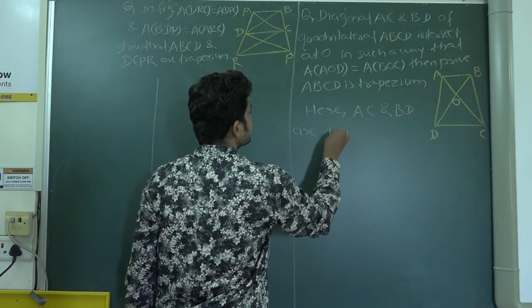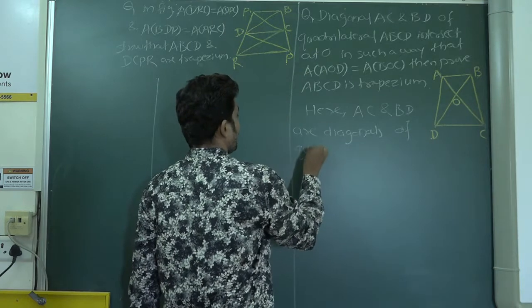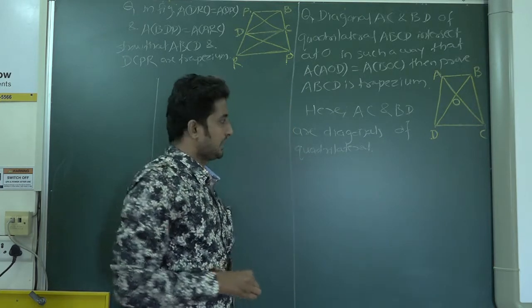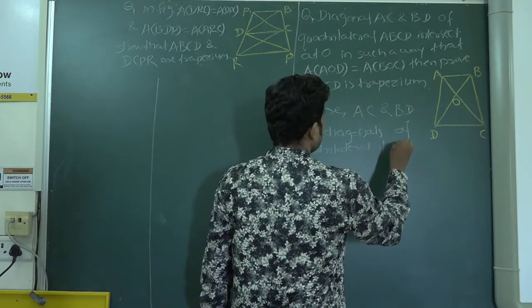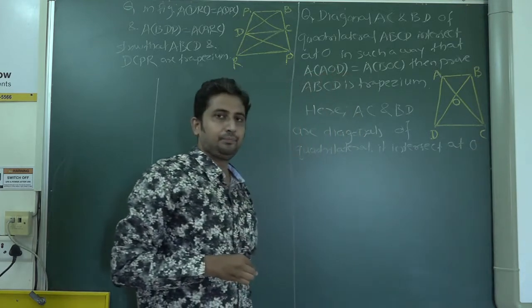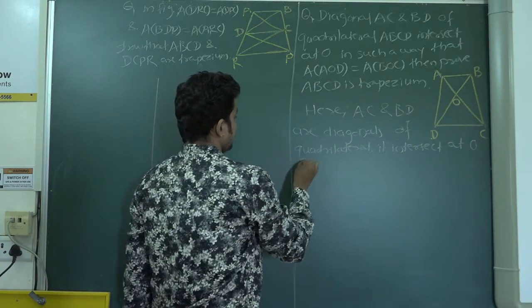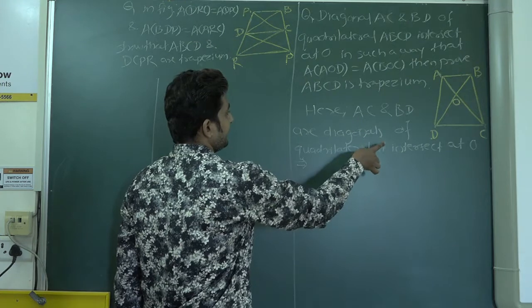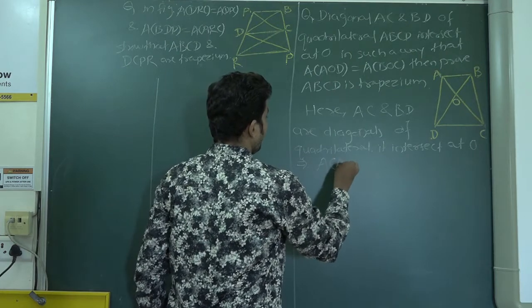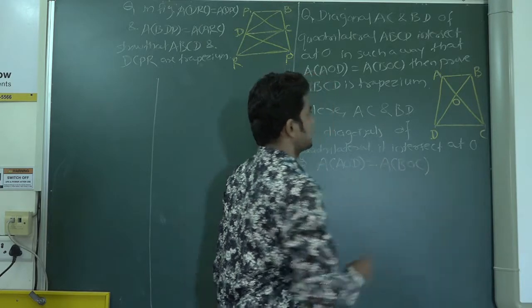They are diagonals of the quadrilateral and they intersect at O. In such a way that area AOD is equal to area BOC.